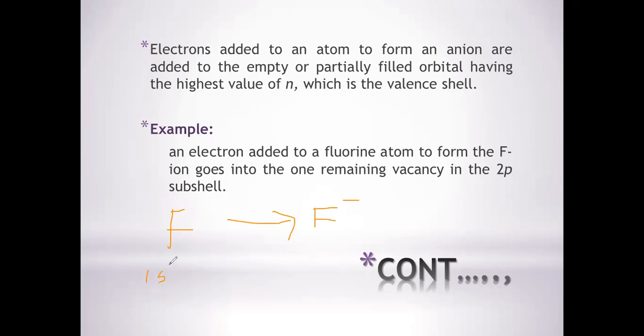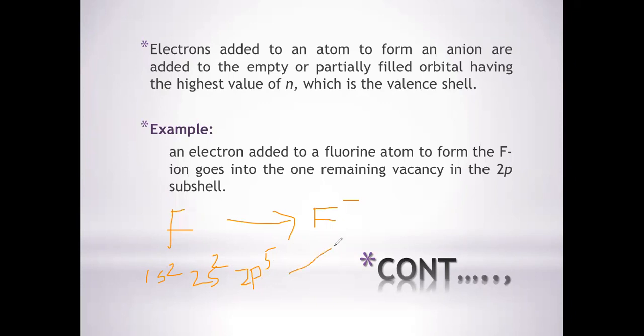Yes, that is 9 electrons: 1s2, 2s2, 2p5. Here what is happening? The highest principal quantum number is 2 for both, therefore you have to go for the subshell. So whichever has the highest L value will accept the electron.